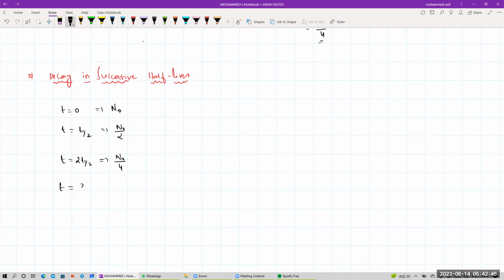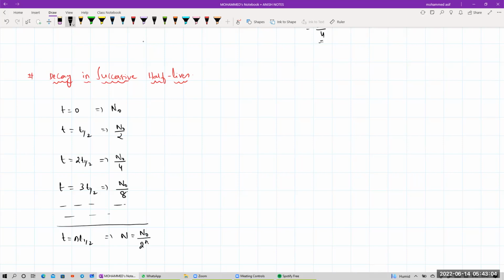Then at t equal to 3 times the half life period, N naught by 4 का half, that is N naught by 8. तो ऐसे चलती रहेगी कहानी. तो मैं बोल सकता हूँ, at a time t equal to n times t half, N की वैल्यू बन जाएगी N naught divided by 2 power of n.